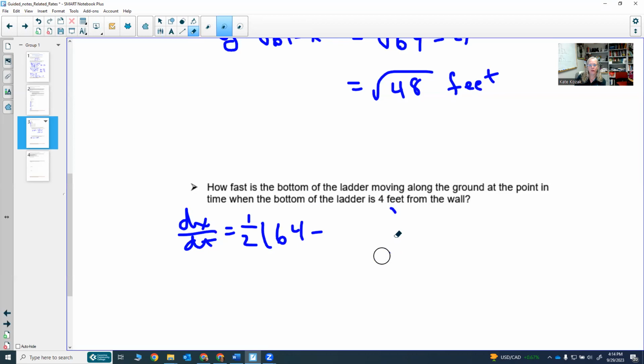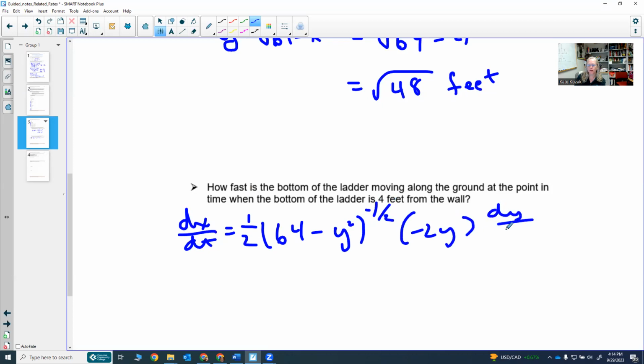So we have 1/2 (64 minus y squared) to the negative 1/2 times negative 2y dy/dt. Using the y values we found above and letter N that says dy/dt is equal to negative 2, we can find dx/dt.